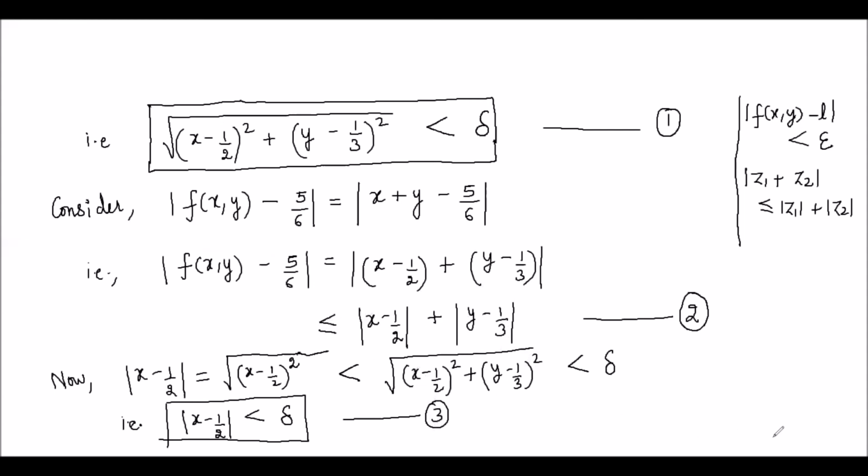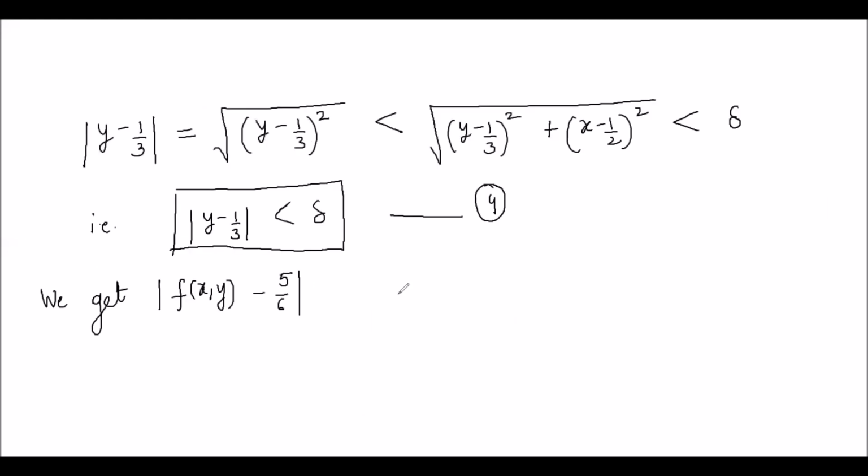The first term is less than delta from equation 3, and the second term is also less than delta from equation 4. This implies that mod of f of x y minus 5 by 6 is less than 2 delta.